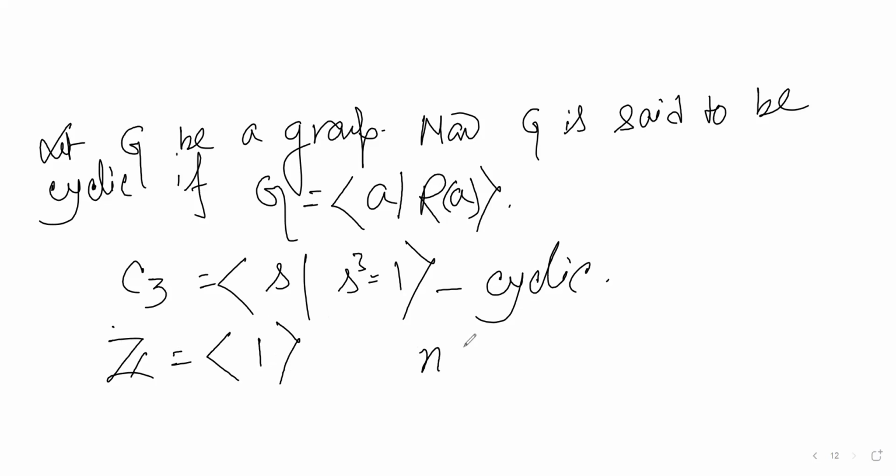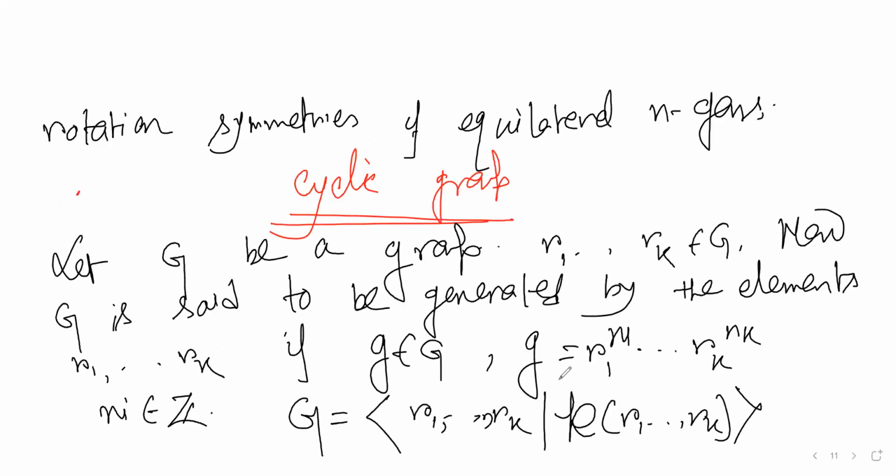So take any element n belonging to Z. What is the meaning of r1 to the power n1 here? It means we take the composition of r1, n1 times.